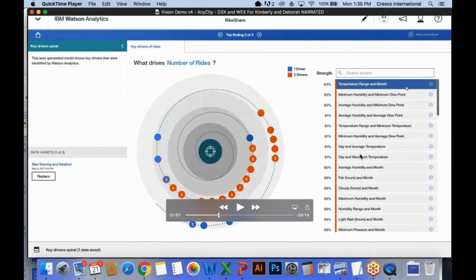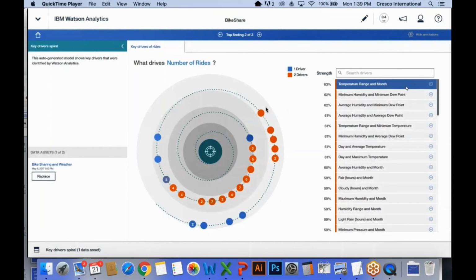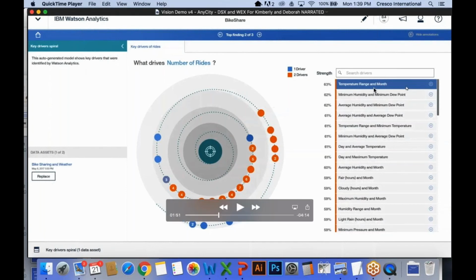You're seeing on the right-hand side what the spiral basically shows, which is what drives the number of rides. How do I define ridership? That is defined by a combination of different features, which are defined here. And the strength basically tells me what the strength is in the data.